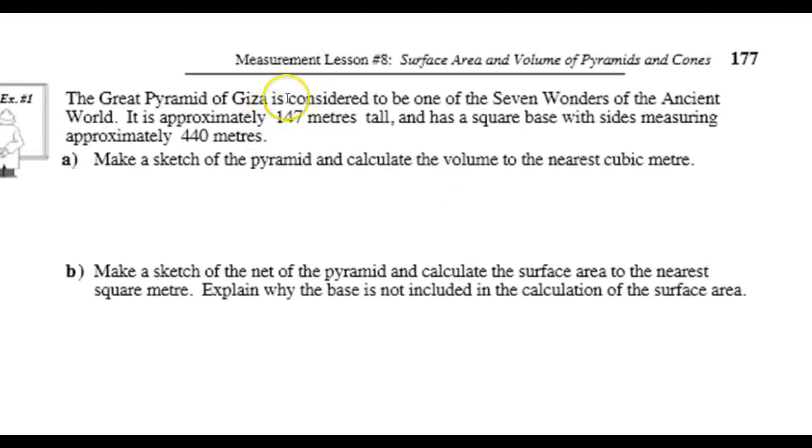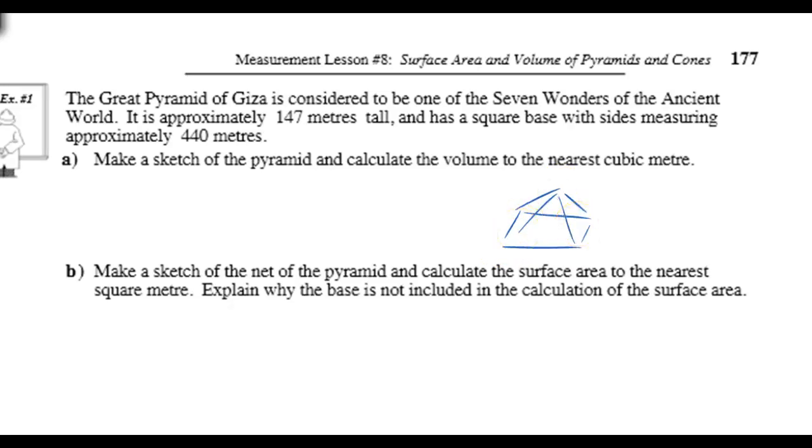So we have the Great Pyramid of Giza, constructed to be one of the 7 wonders of the ancient world. It is approximately 147 meters tall. Again, try to do a diagram. These diagrams can get a little tricky here, but try and do your best. There we go.